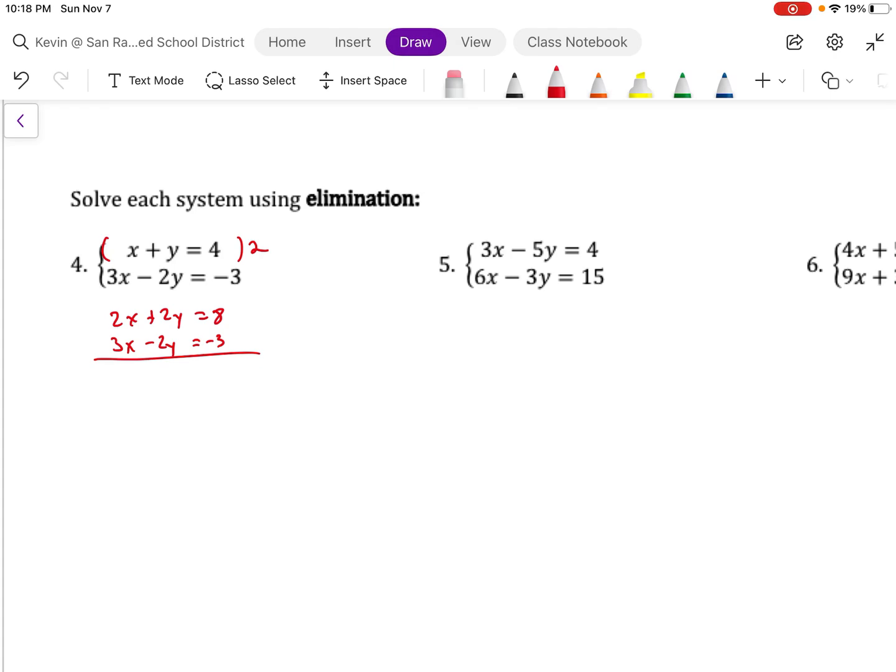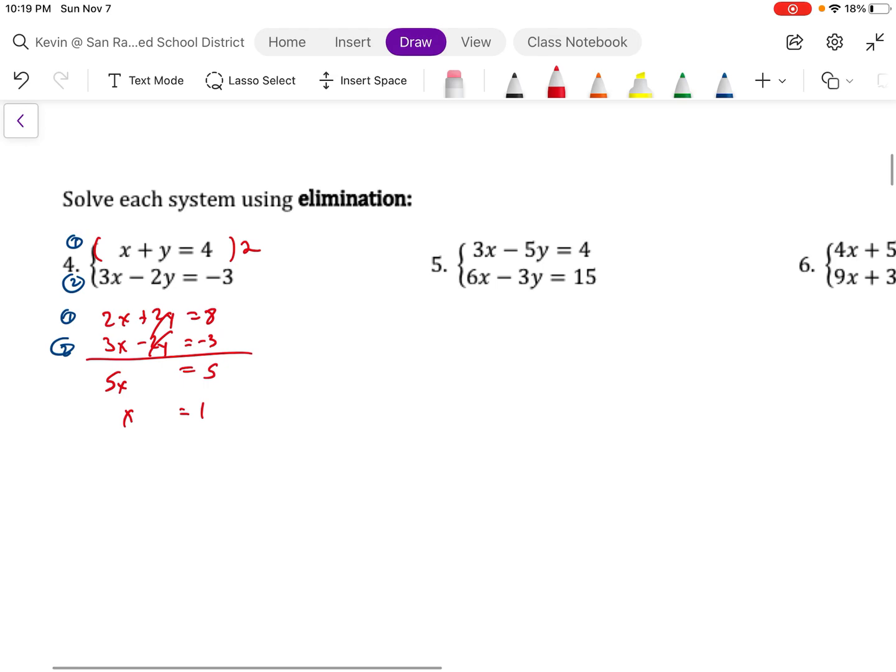Now when I add my two equations, 2x plus 3x is 5x, 2y plus negative 2y cancel out, eliminating them, and then 8 plus negative 3 is 5, and so x equals 1.